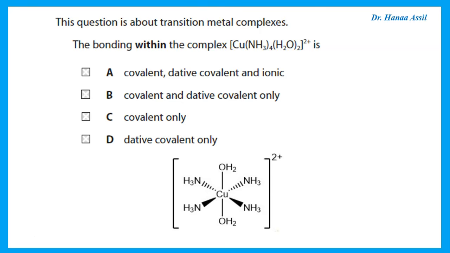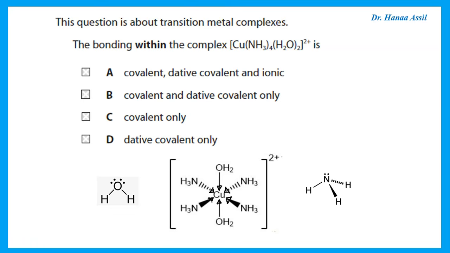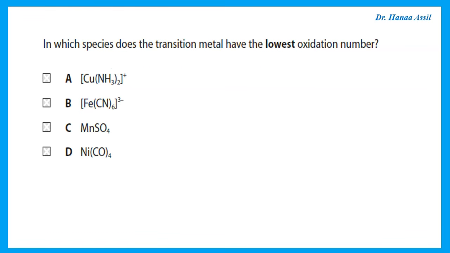Well, within the complex, inside this complex, I have water forming covalent bonds, ammonia forming covalent bonds. And then between each of these and the copper, we have dative bonds, so we have covalent and dative covalent bonds.